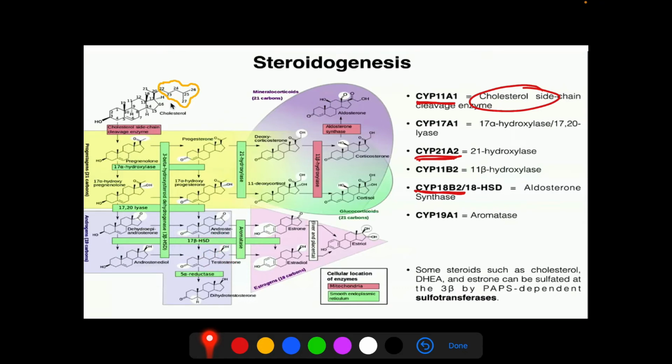But in any case, from these four androgens, the DHEA, the androstenedione, androstenediol, and testosterone, take note, among the four, the testosterone is the most potent androgen.